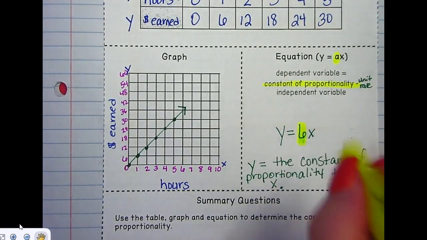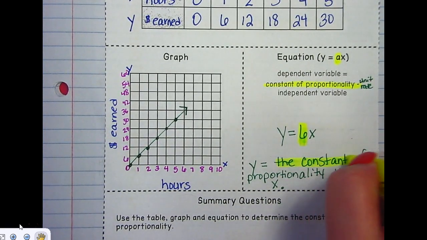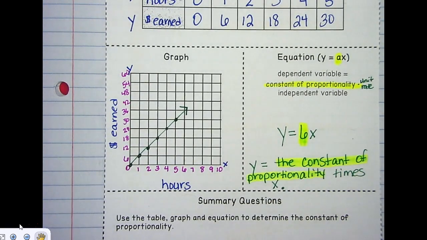So your equation is always y equals the constant of proportionality times the x.